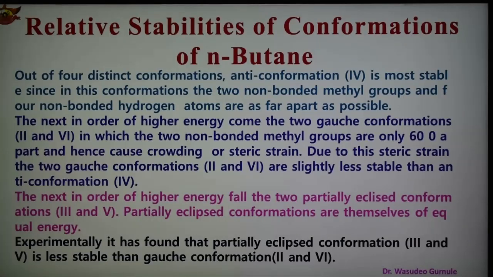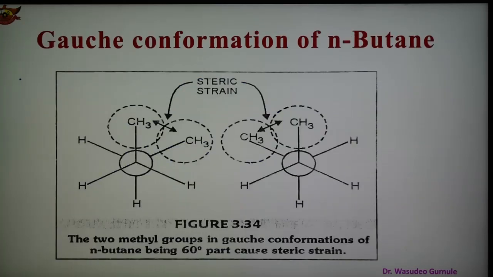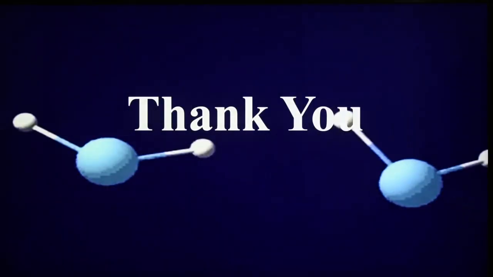Between them are numbers 3 and 5, and numbers 2 and 6. So in this way we know the stability of these conformers of n-butane, and this is the steric strain shown in the gauche conformation between the two methyl groups. So these are the different conformers of n-butane.